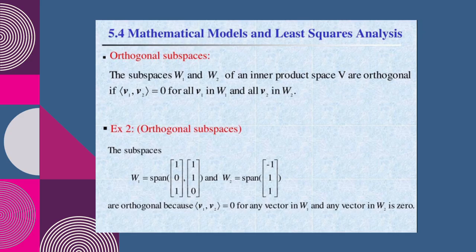In our example, W1 is built from two vectors and W2 is built from one vector. When we check all their inner products, everything comes out to 0, confirming that W1 and W2 are orthogonal subspaces.